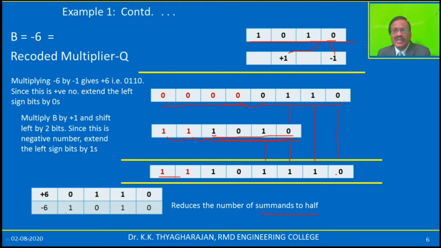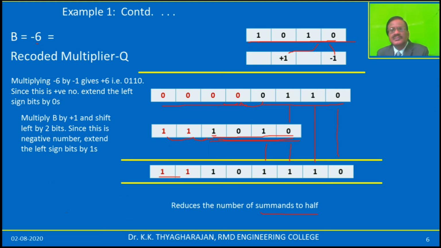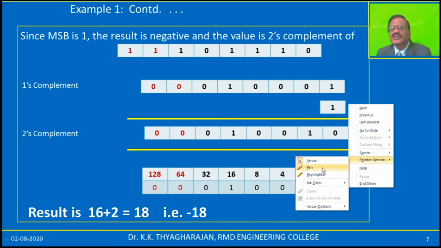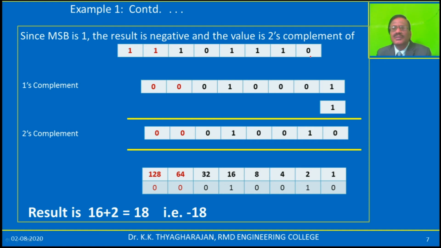So if you take 2's complement of this one, you will get the equivalent positive value. To take 2's complement of this number, you just take 1's complement. This 0 will become 1, 1 will become 0, and like that, and add 1.